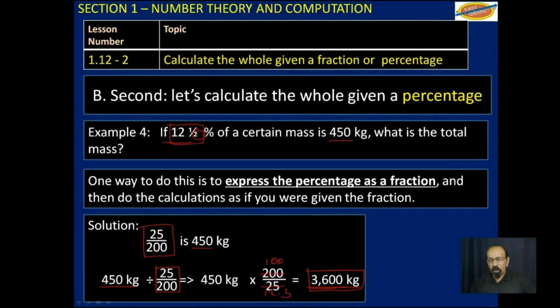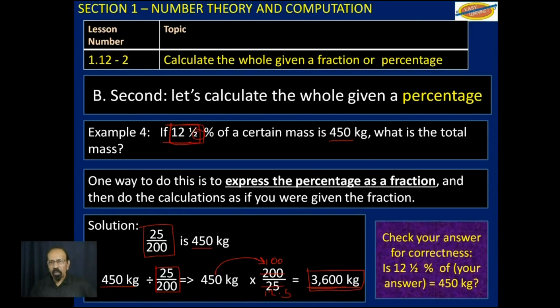So if you are following that system, or if you are trying to develop your own system by multiplying this by 100 and then dividing by the number you get in the percentage, that works fine as well. So check your answer for correctness. Is 12.5% of 3,600 kilograms 450 kilograms? And if it is, then this answer is correct.